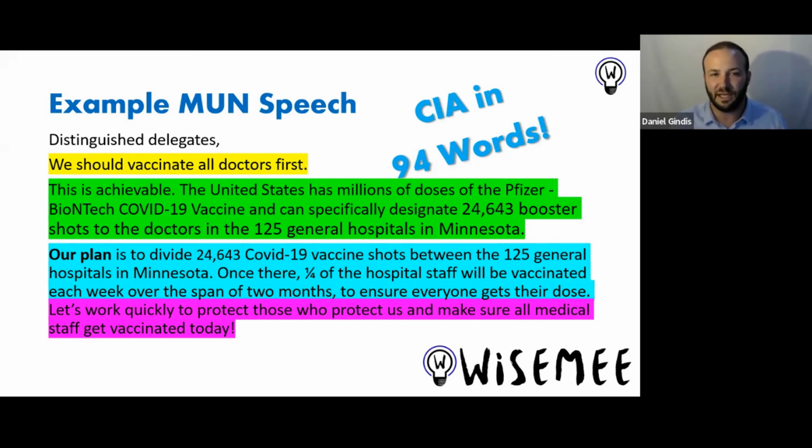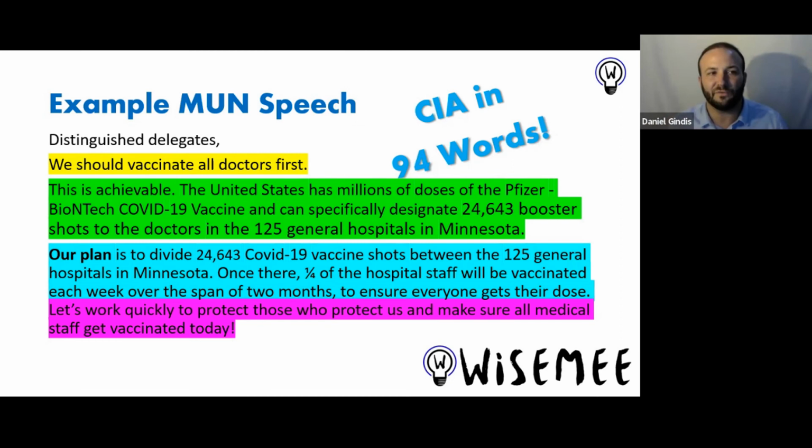Then we see the plan, which takes 3 sentences, which could be longer, but that's how we're going to do it, and it's quite detailed. And then finally, this is a soundbite: let's work quickly to protect those who protect us. This is really impressive. This is a very tight and clear CIA speech. We understand what they want to do, how they want to do it, and how it's meant to work.